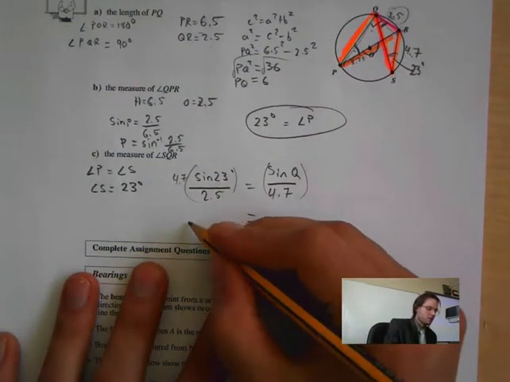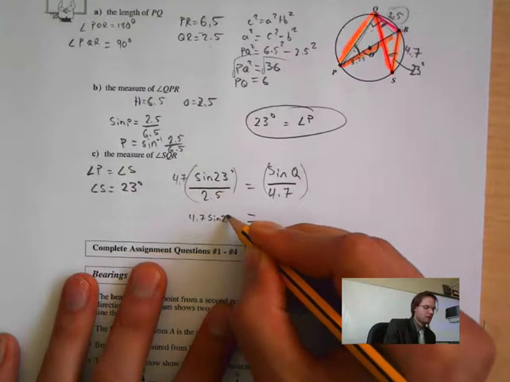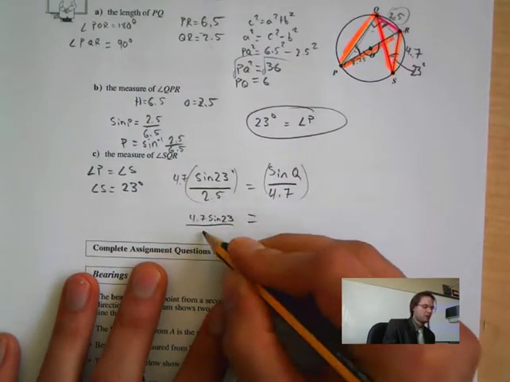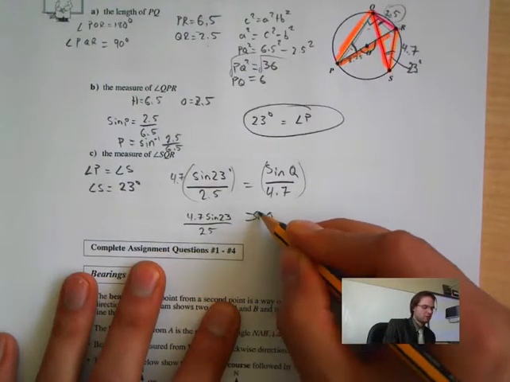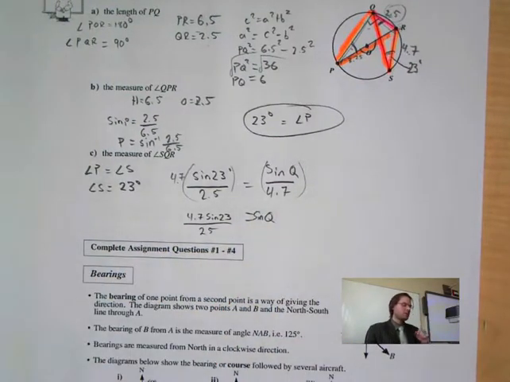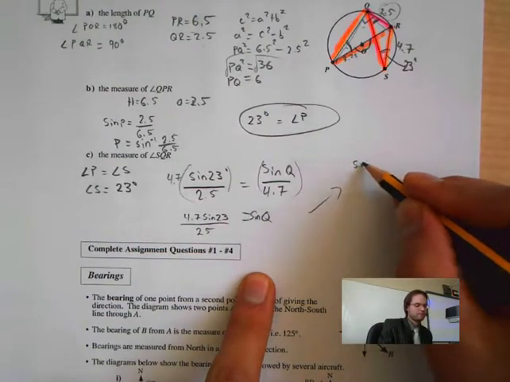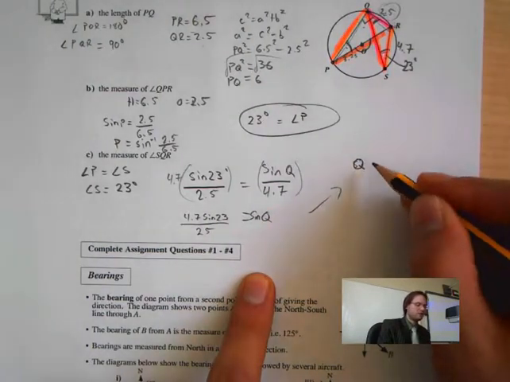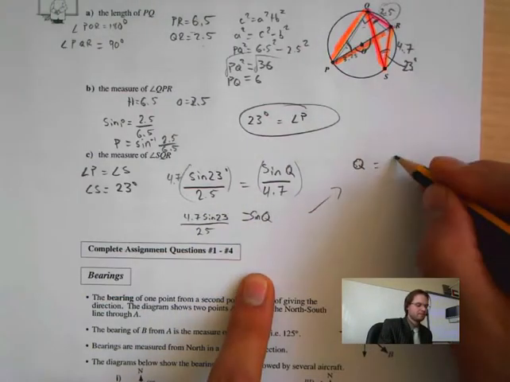Okay, so we get 4.7 sine 23 over 2.5 is equal to sine of angle Q. Now, in order to solve this, Q is equal to the inverse of that.